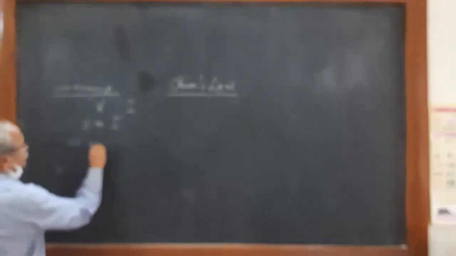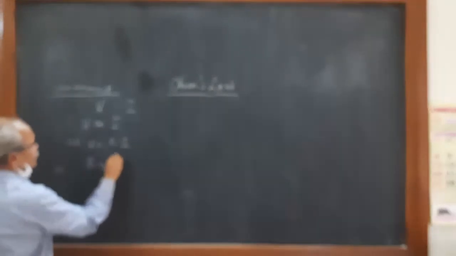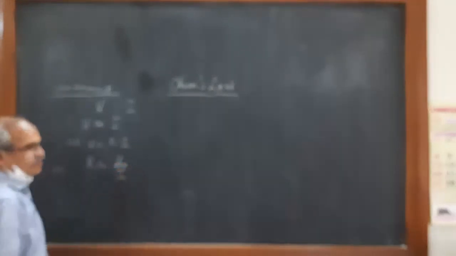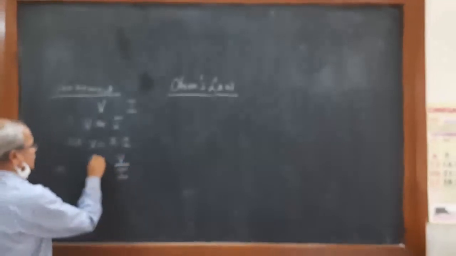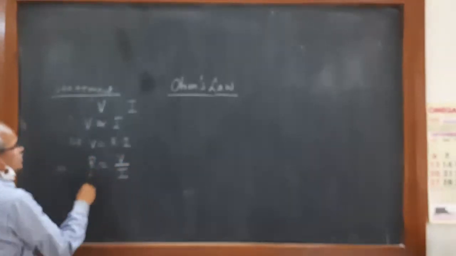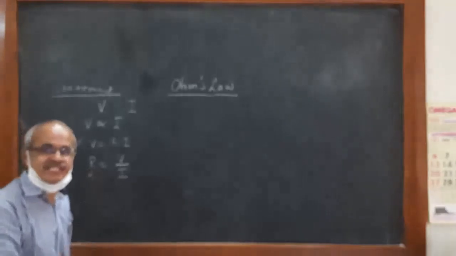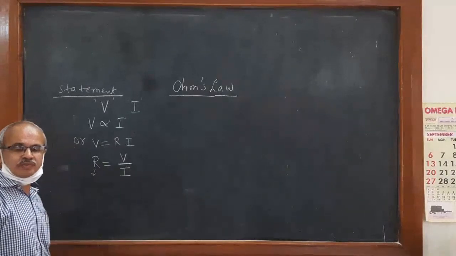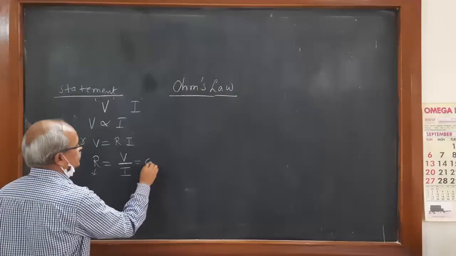So V is proportional to I, or V divided by I is equal to R. So what is this R then? This R is the constant of proportionality, or it is constant.